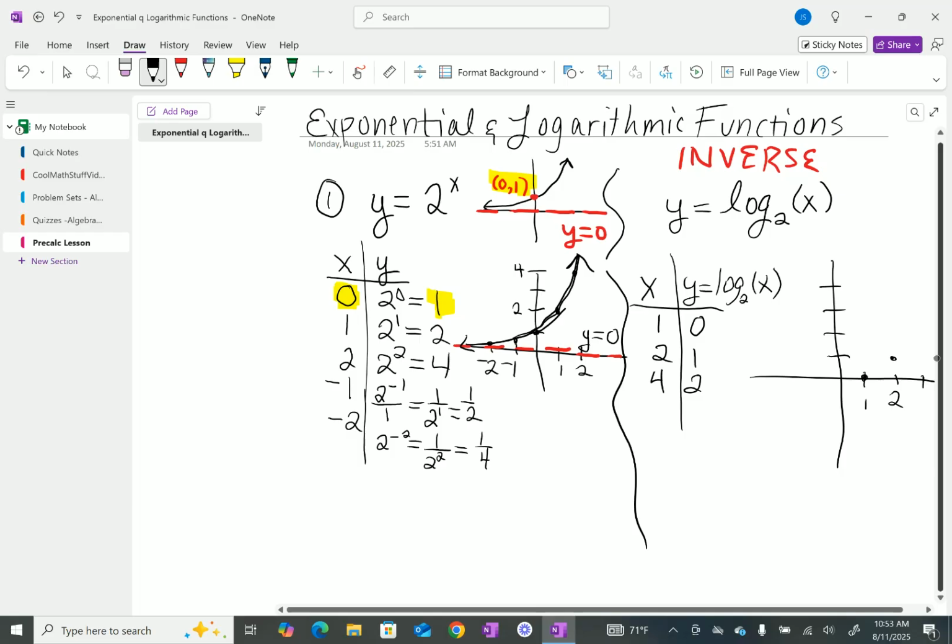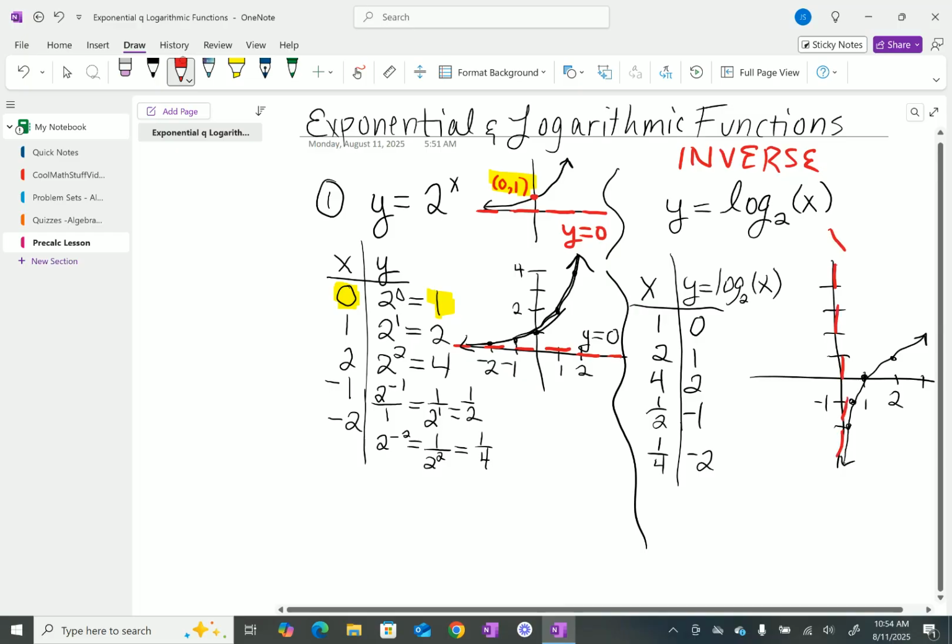And then also I get, let's see, instead of negative 1, 1/2, I get 1/2, negative 1. And so that's going to fall right in here. And then we also have 1/4, negative 2. And so we squeeze that in there. And then when we connect, okay, we'll put the arrows on. We should also draw in our vertical asymptote.